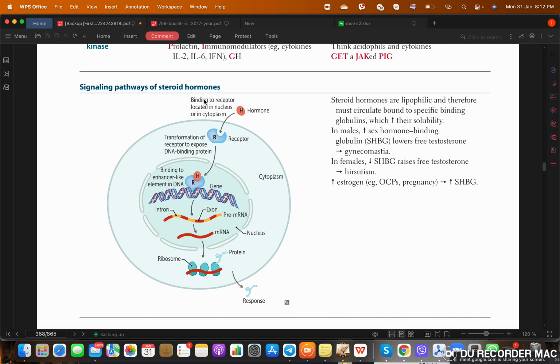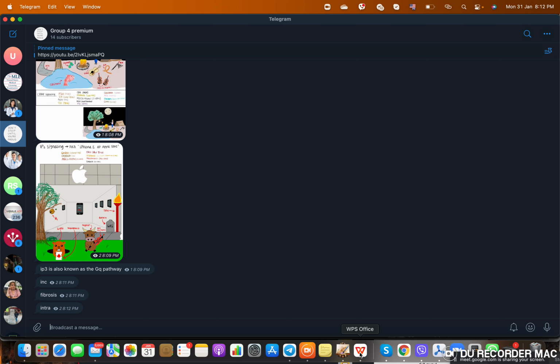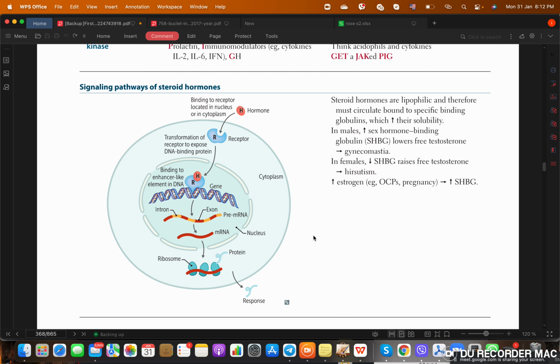Okay, so how does a steroid lead to activation of a cell? Does it work intra or extracellularly? Intracellularly, absolutely. Okay, so they write here binding to a receptor located in the nucleus or in the cytoplasm.